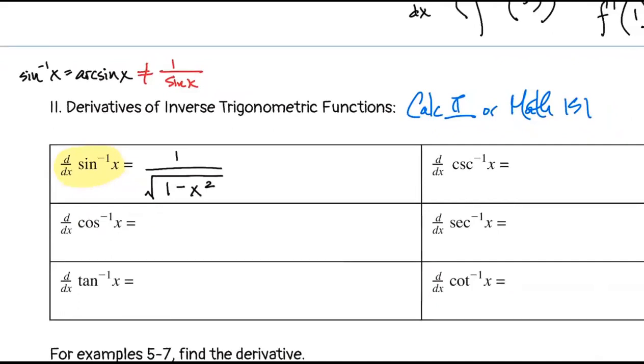Any guesses as to what the derivative for inverse cosine might be? What was one pattern we noticed about derivatives of trig functions that started with the letter C?